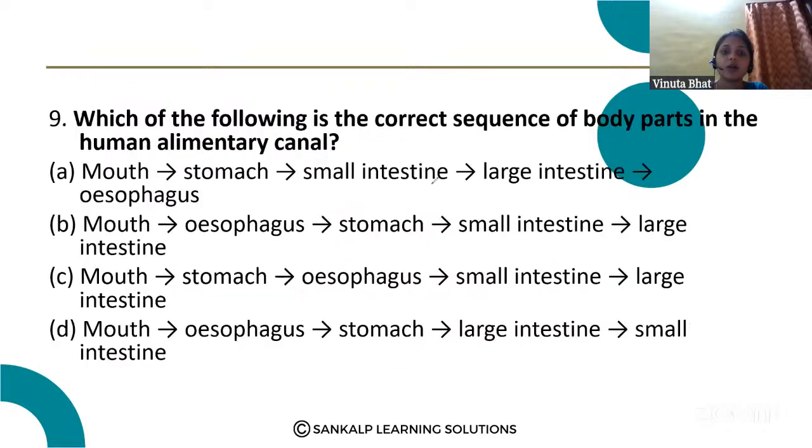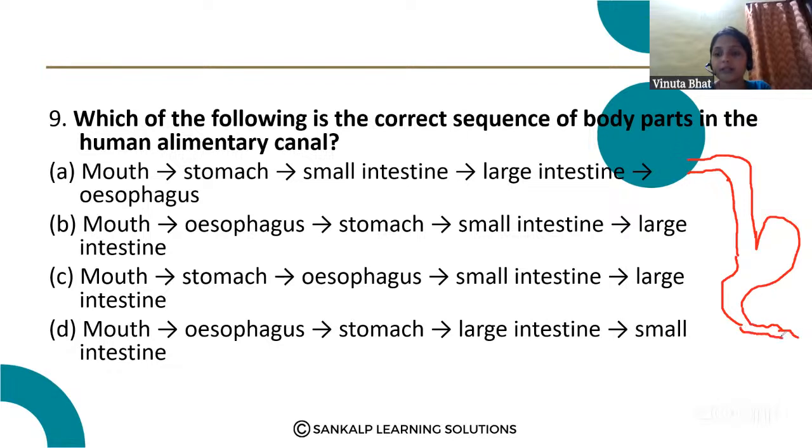Next question. Which of the following is the correct sequence of the body parts in the human alimentary canal? The human alimentary canal, so again I will draw, starts with the mouth, then moves into the food pipe, also called the esophagus, then into the stomach, then into the small intestine, after that the large intestine, right?